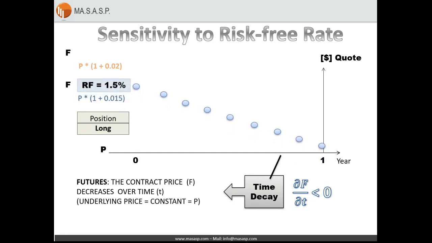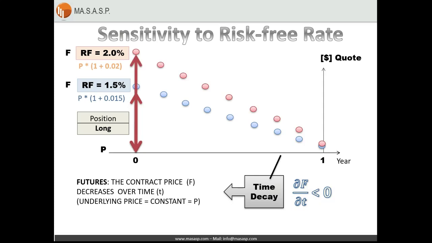If the risk-free rate is 1.5%, the futures contract price is higher than the underlying price. That happens at year 0. This price decreases and becomes equal to the underlying price at expiration. Well, if the risk-free rate is 2%, the futures contract price is even higher at year 0.